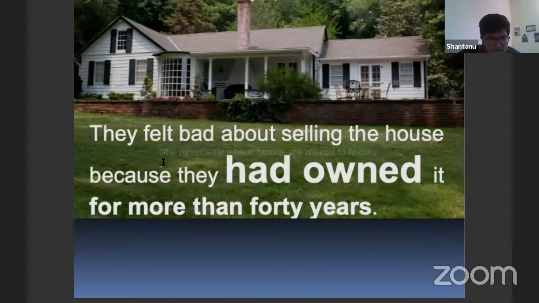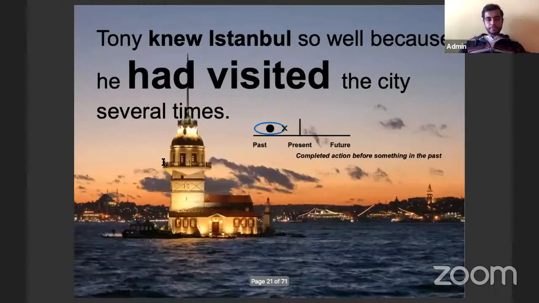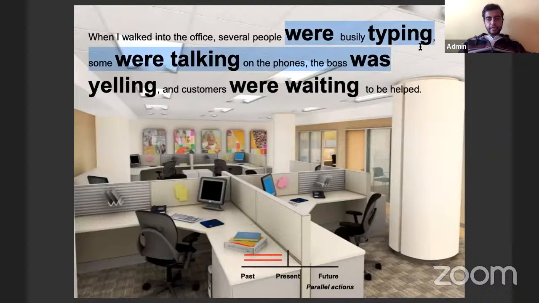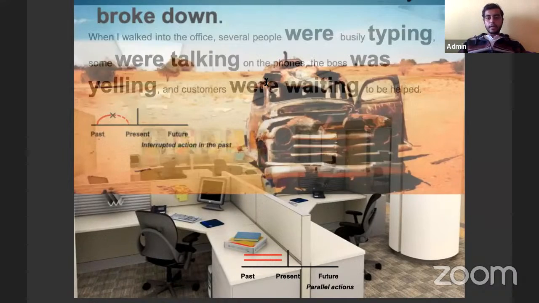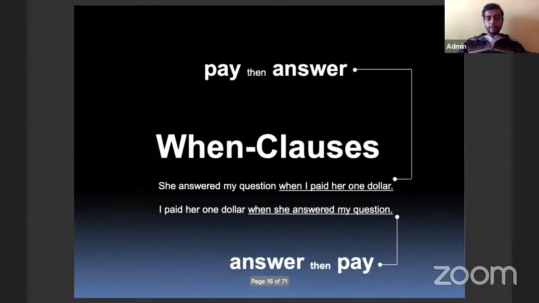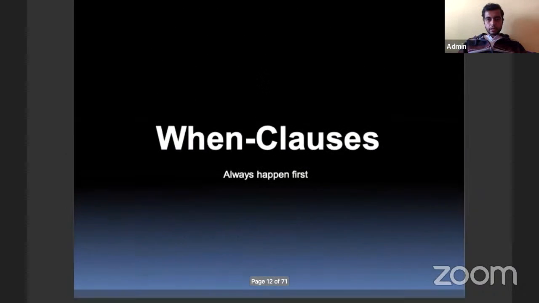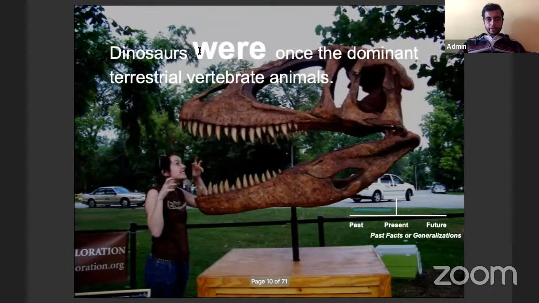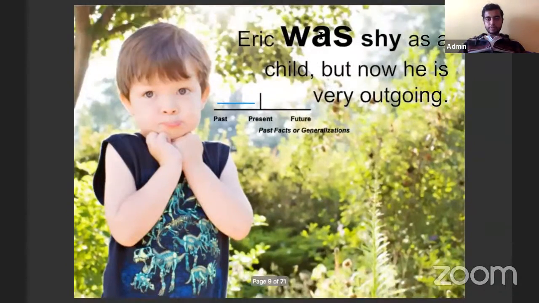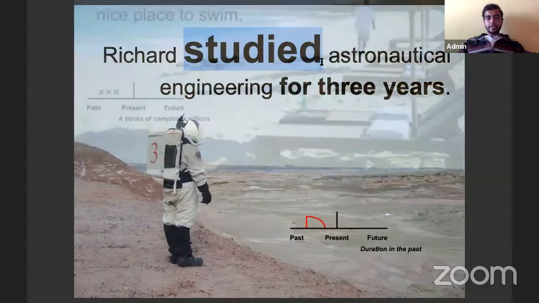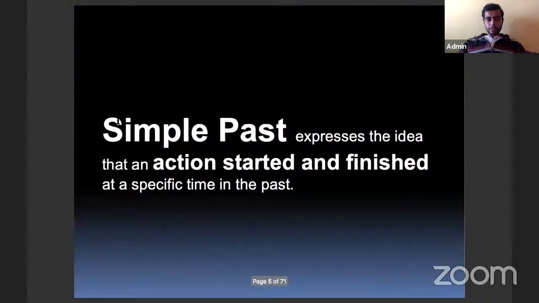Where is the continuous action? Look at this. Were typing. So something was happening continuously. Continued action in the past. Were talking. Was yelling. Were waiting. Happening continuously. Were driving. And simple past is was, were, studied.